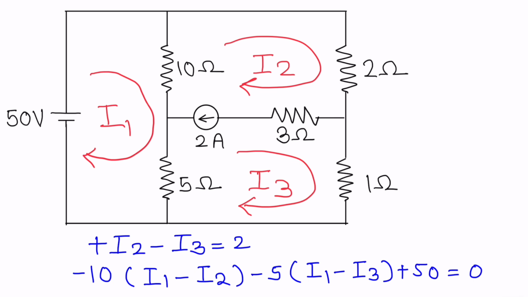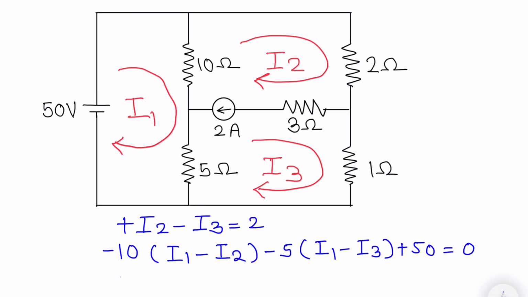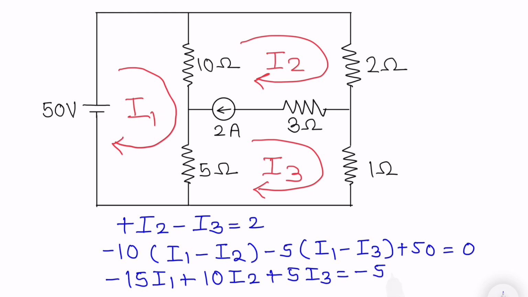If you open the brackets, you are going to get the equation: minus 15 I1 plus 10 I2 plus 5 I3 equals minus 50. This will act as equation number 1.